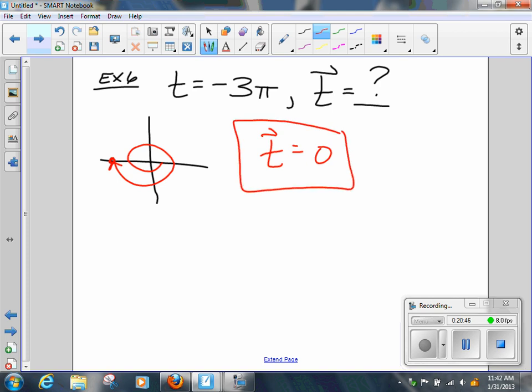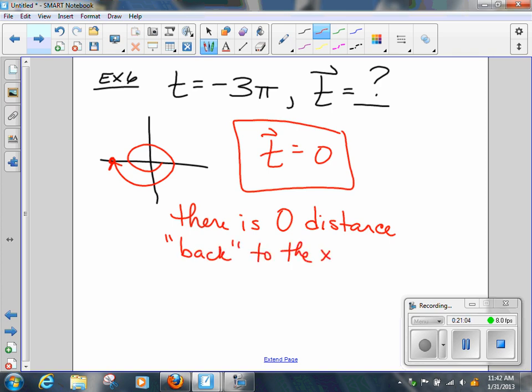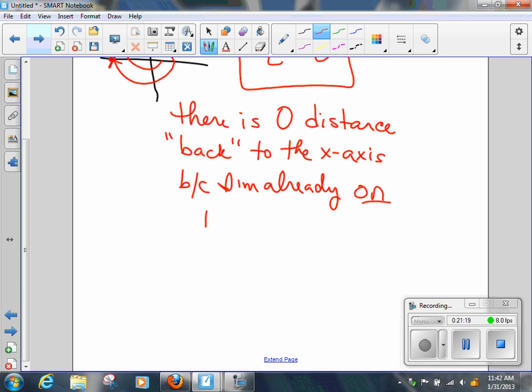If you land, well, let's do it this way. There is 0 distance back to the x-axis because I'm already on the x-axis.